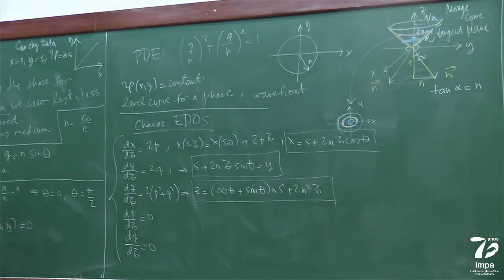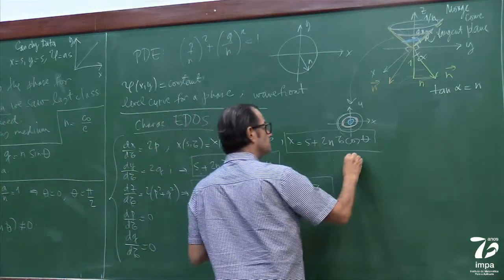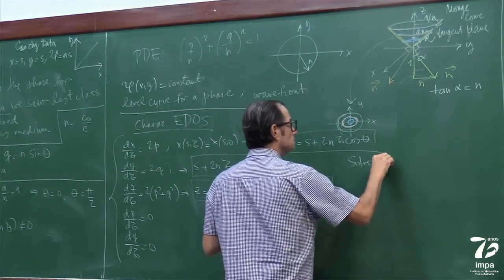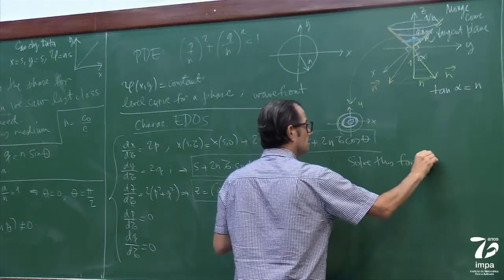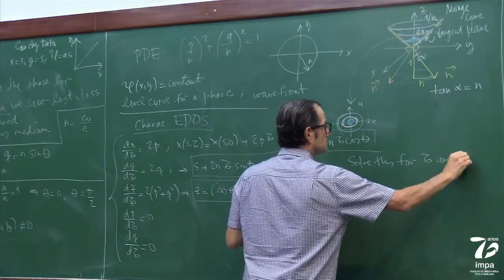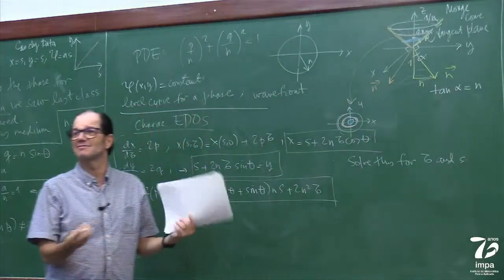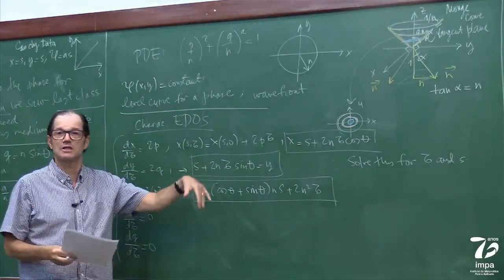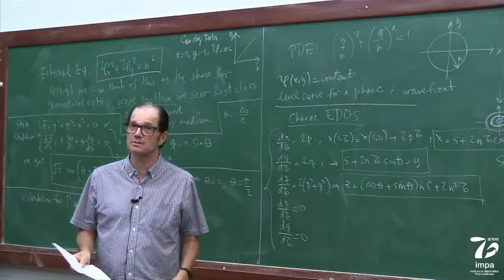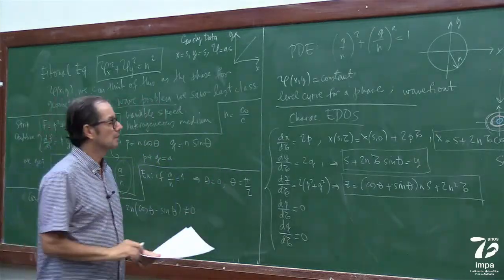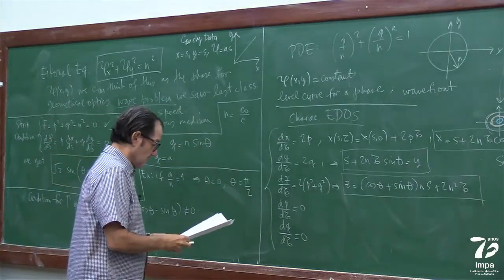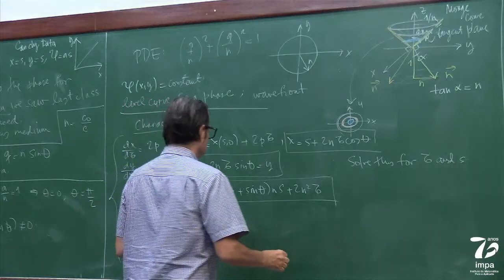We solve this for tau and S, very simple in this case. I'm skipping some points. Again, these are good exercises. Do it without looking, and then check if you get this.